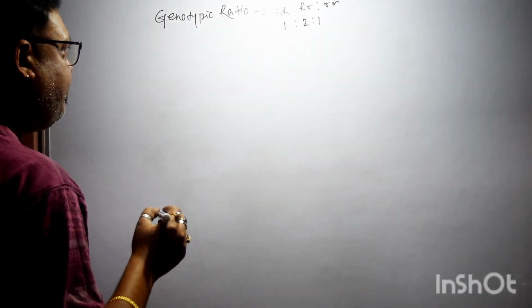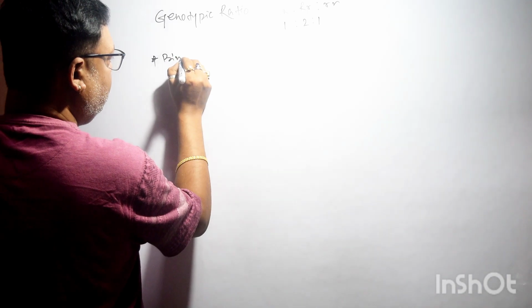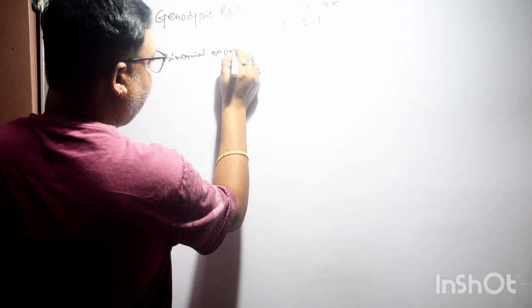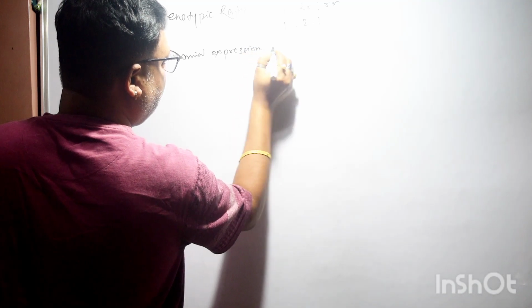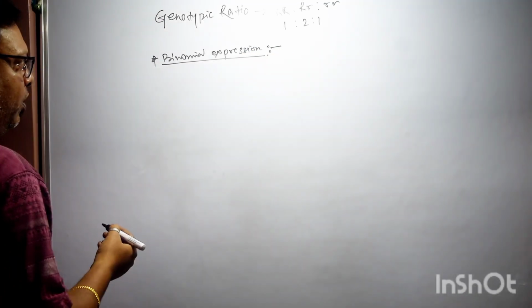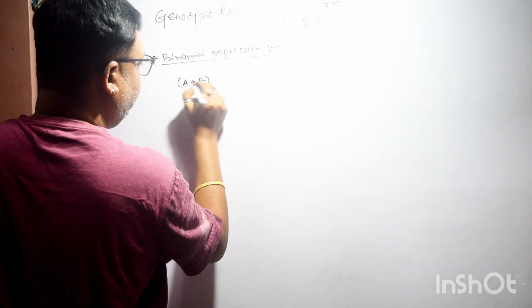Now there is a binomial expression of the same. Binomial expression. How? We all know the formula (a plus b) whole square.